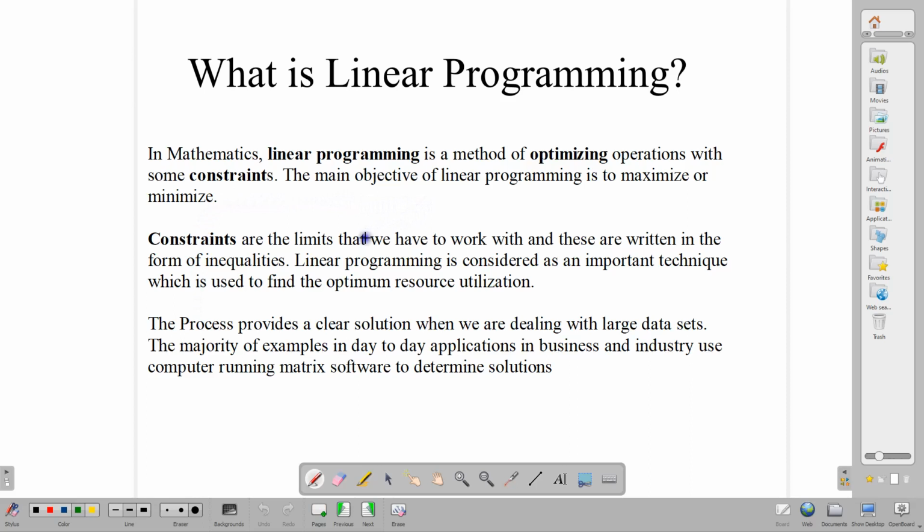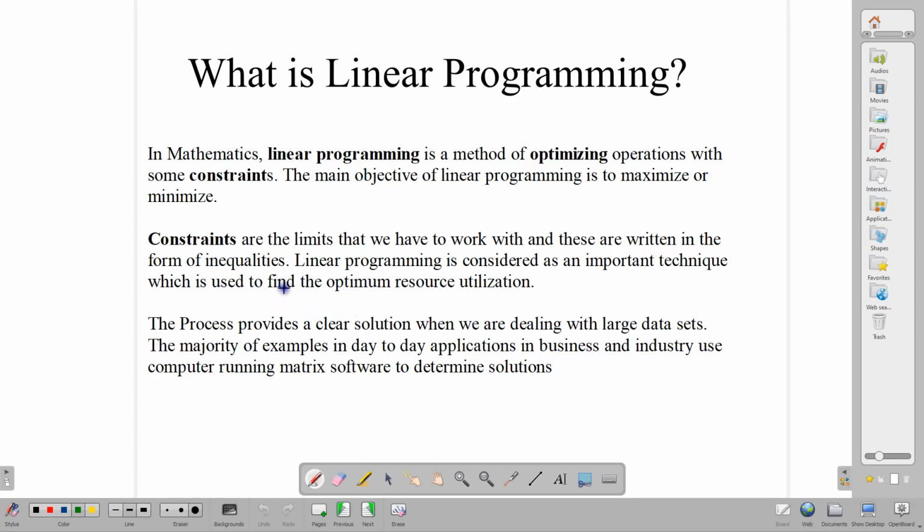In CXC, they're kept simple, but they will give you a general idea as to how it works in the wider world. The main objective of linear programming is to maximize or minimize, to maximize profits, to maximize earnings, to minimize cost, or to minimize resource usage.